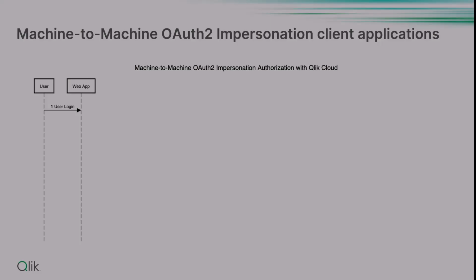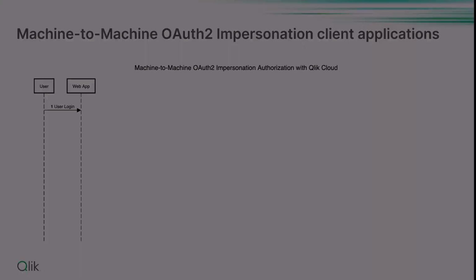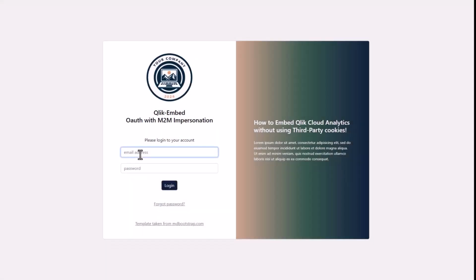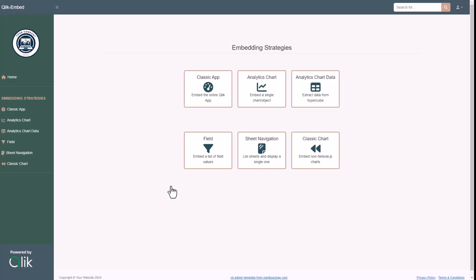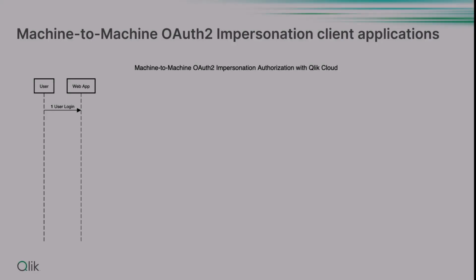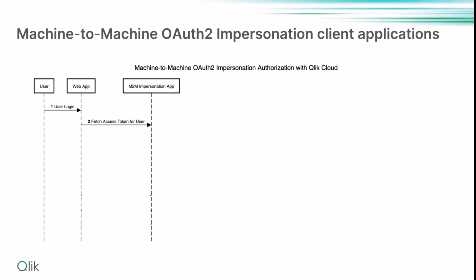It's time now to see the demo in action. Let's start from the user login to your web application that relies on your identity provider in order to authenticate the user. As soon as the user is authenticated into your web application, it asks for a token through the getAccessToken function.